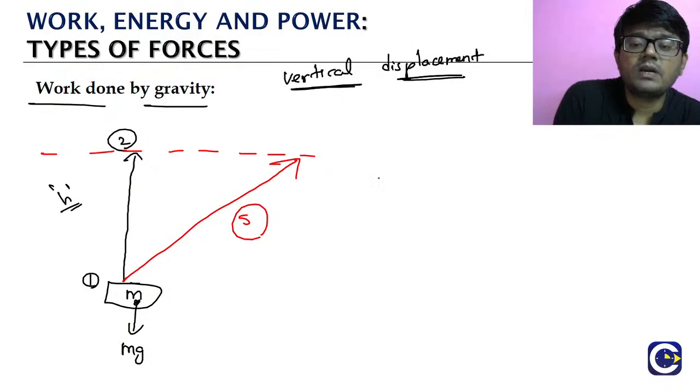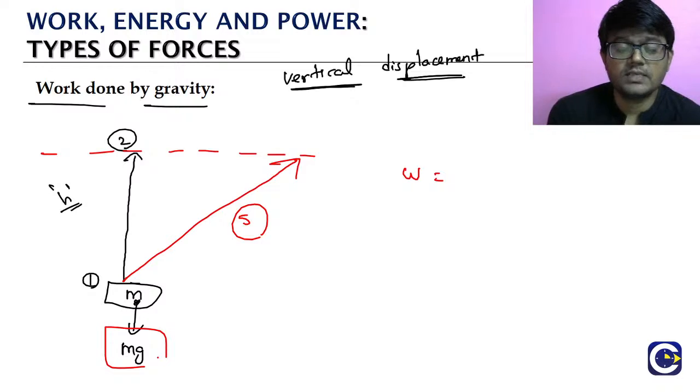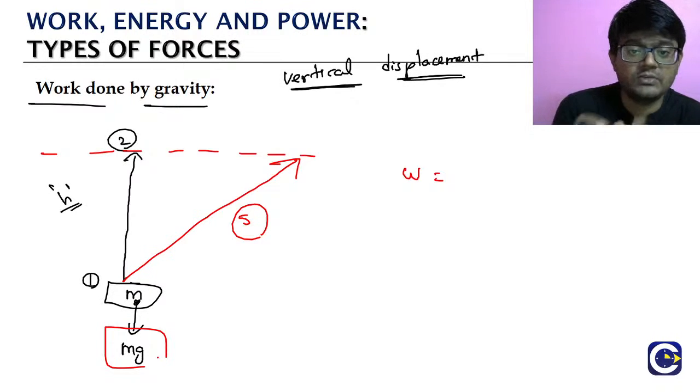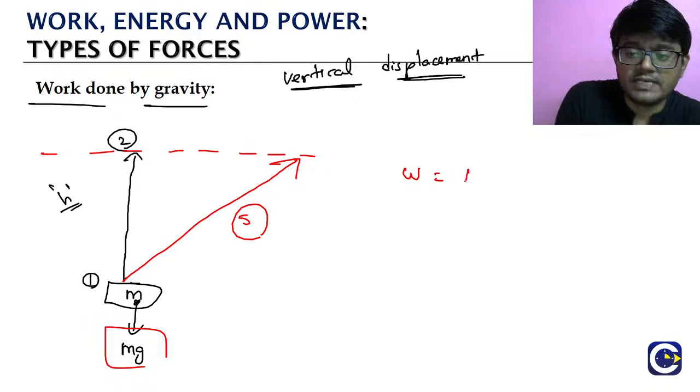But remember what the work formula is. Here we will take the force to be constant, because the value of g will be almost constant near the surface of the earth. So the gravitational force is taken as a constant force. And the work done by a constant force will be F into s into cos theta.